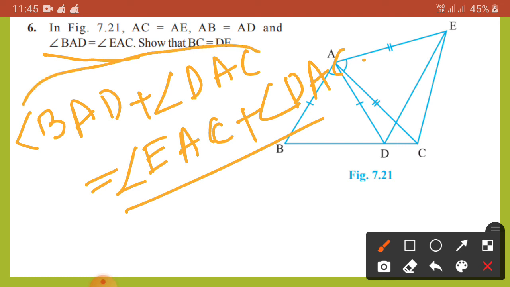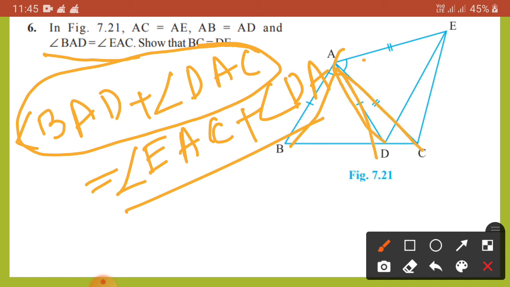On the left side, angle BAD and angle DAC give angle BAC.